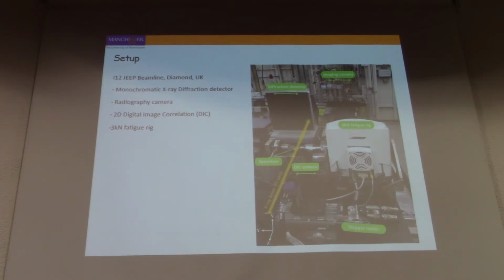The diffraction signals can be collected by the diffraction detector, and the radiographs can be collected by the image camera. So this is the in situ experiment, and this enables the DIC and X-ray diffraction measurement at the same loading levels.